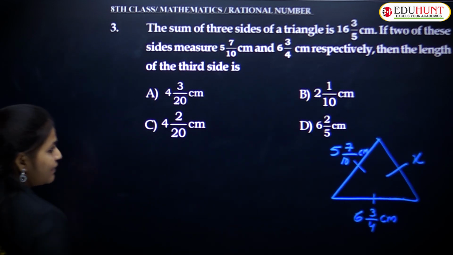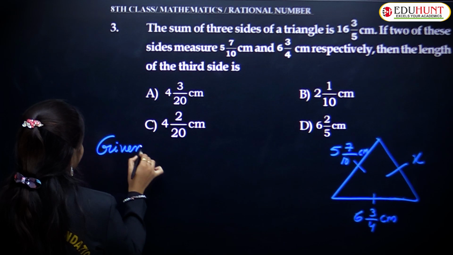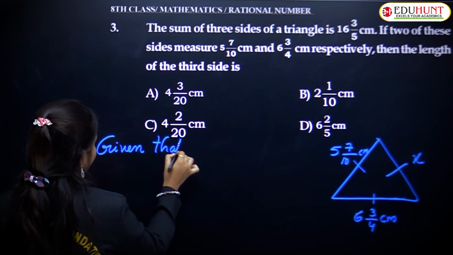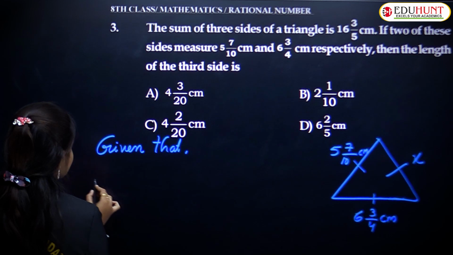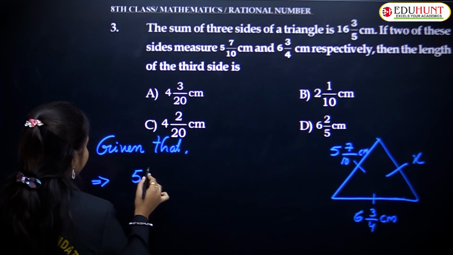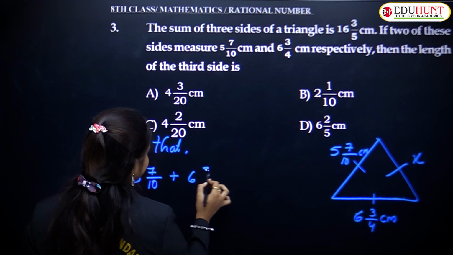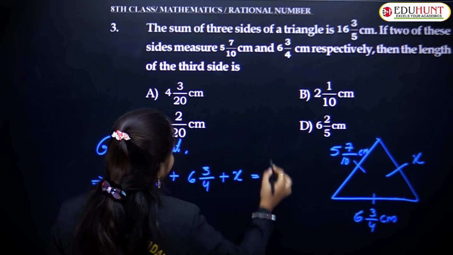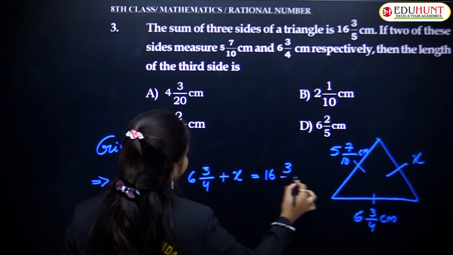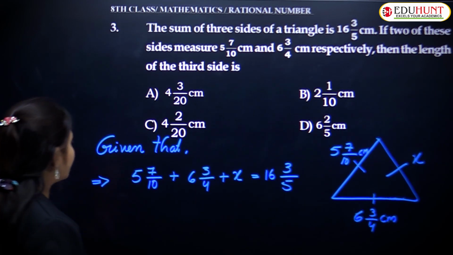As per the given question, the sum of the three sides of a triangle. So what are the three sides here? 5 and 7 by 10 plus 6 and 3 by 4 plus x is equal to 16 and 3 by 5 centimeters.